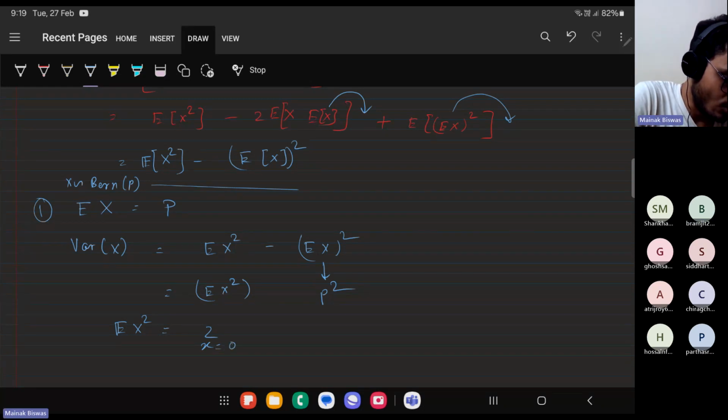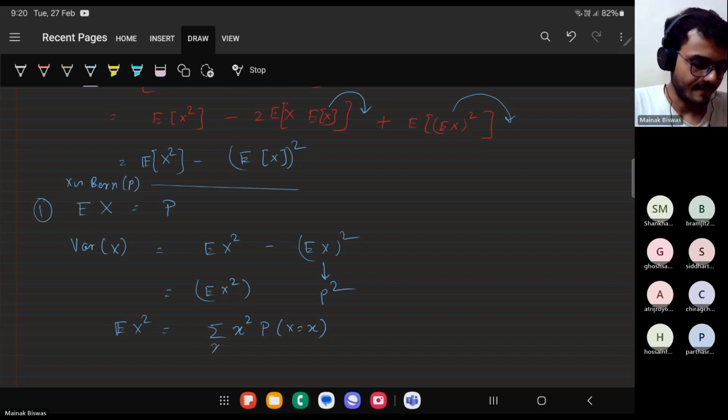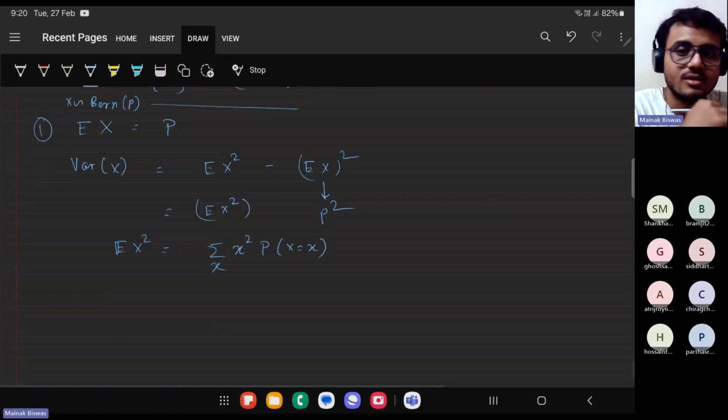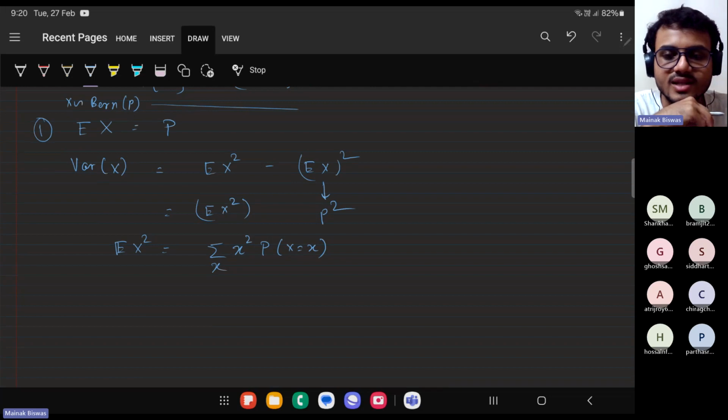So what did we use here? The law of unconscious statistician, right? For all x, just now we proved that the value of the function is nothing but g of x square.